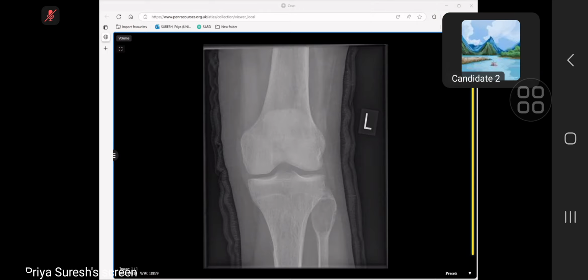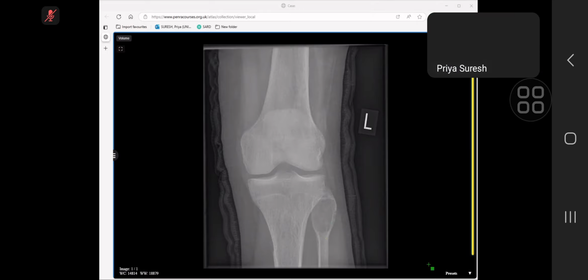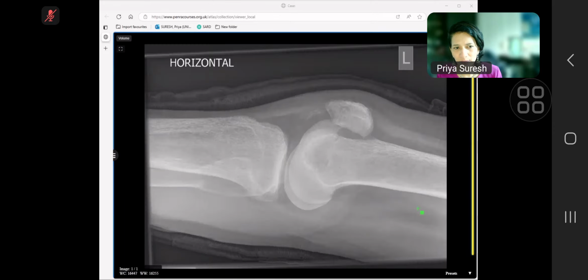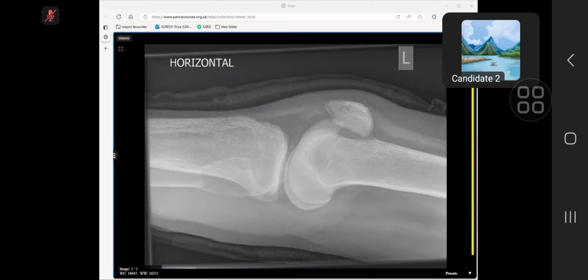Yeah, ma'am. And you have looked at the other radiographs and you're happy with what you have seen. Ma'am, deep along the undersurface of the patella, there is a lucent lesion as well. But the density of these two are different.